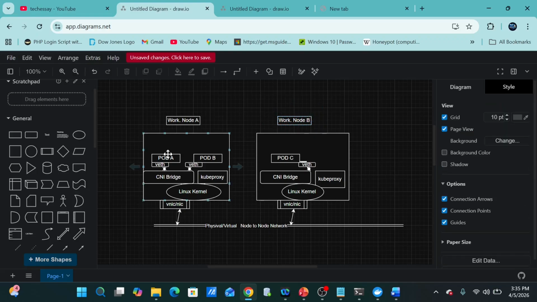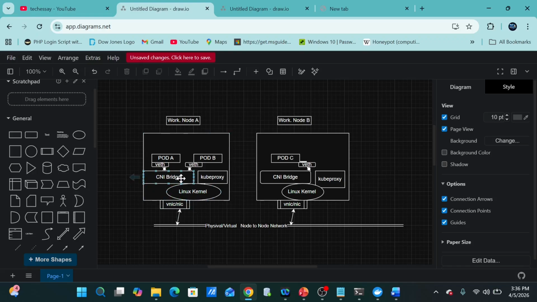So when traffic has to go from pod A to pod B, what will happen? There will be a virtual interface, a virtual veth, connected with every pod. I already told you that. So basically there are two ends. One side will be connected to this Linux kernel. You can see the CNI bridge.